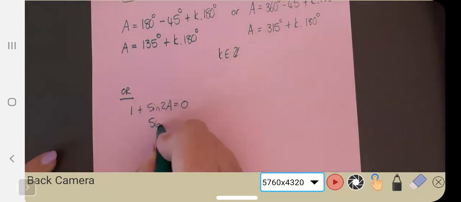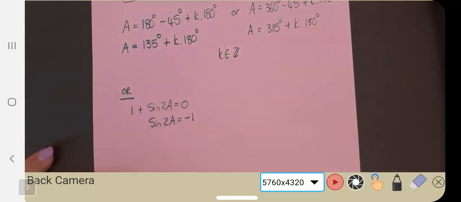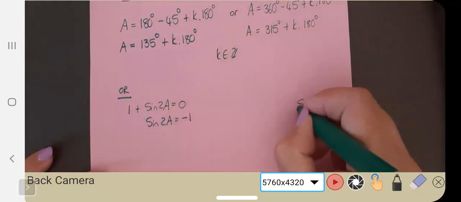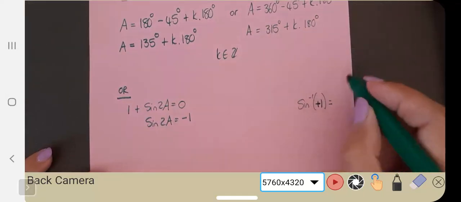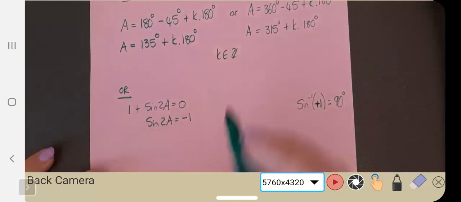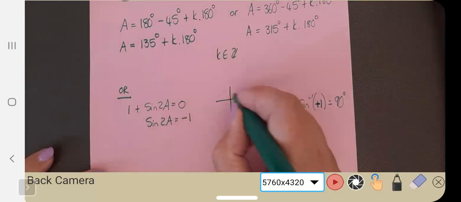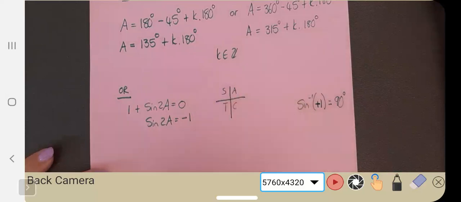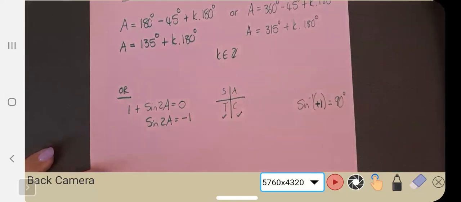So sine 2A will be minus 1. Again, we look at sine, only a positive 1. What will that reference angle be? It's 90 degrees. Where is sine negative? Sine is negative here and here.